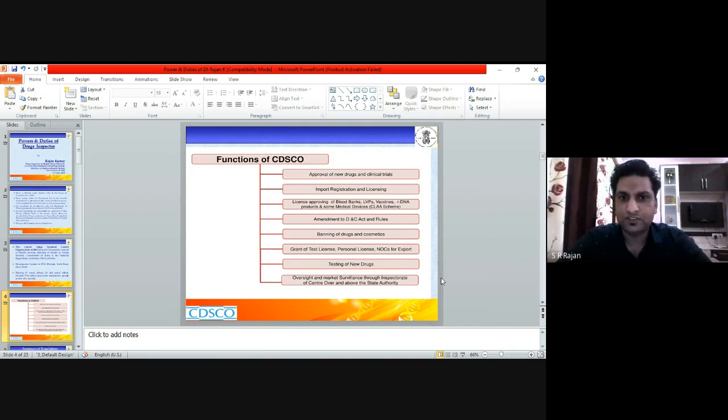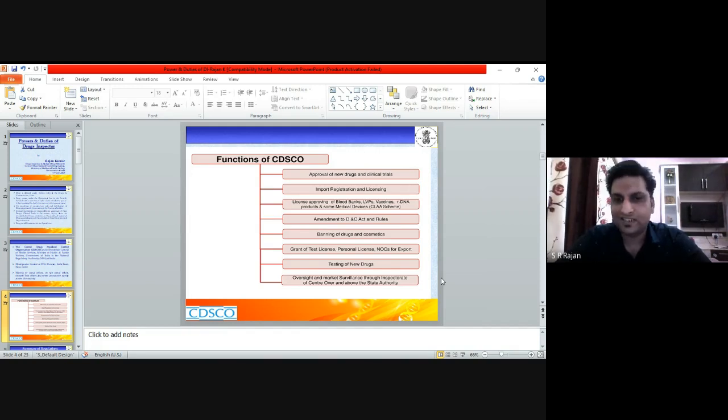Also, the CDSCO is responsible for grant of test license. Means if someone wants to test a drug which is new, or wants to manufacture a new formulation, then a test license is granted by the central licensing authority.